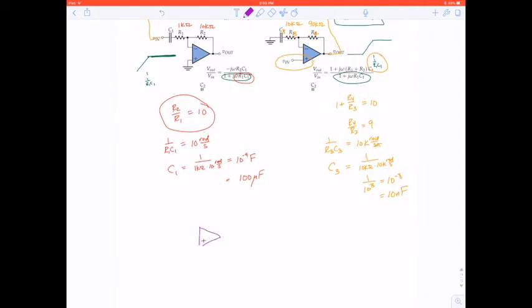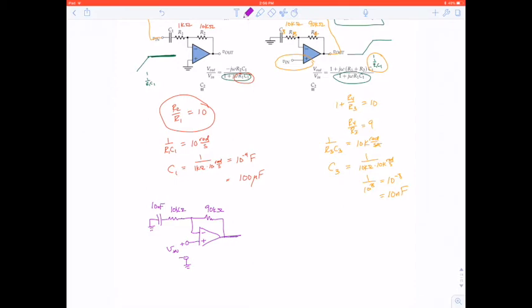We have our non-inverting configuration, this is C3, which is 10 nanofarads, followed by a 10 kilo ohm resistor, followed by a 90 kilo ohm resistor, and this right here will be the input to our filter.